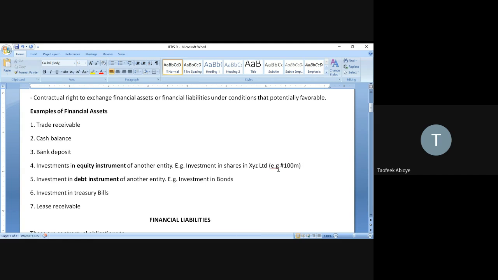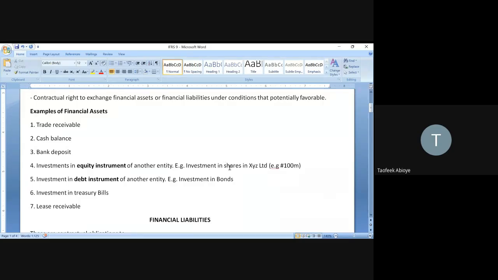It is called "it don't go." This 100 million, that is the reason why shares are very, very risky to invest in. This 100 million you invest is at risk, and the only way you can collect your 100 million back is when you sell these shares, especially when the company is doing fine.